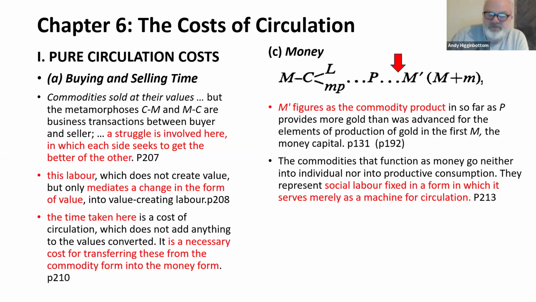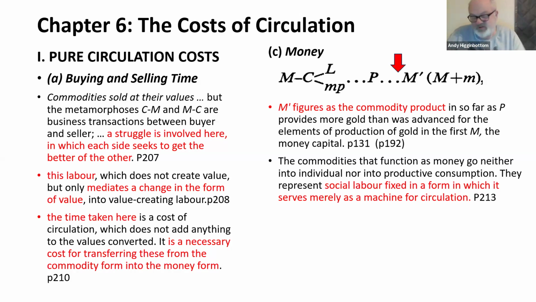The commodities that function as money go neither into individual nor into productive consumption. They represent social labor fixed in a form in which it serves merely as a machine for circulation. So this is a separate point, he's talking about the use of gold as money, right? But he says, well, in circulation, it's neither individually consumed, nor is it productively consumed when it functions as money, right?